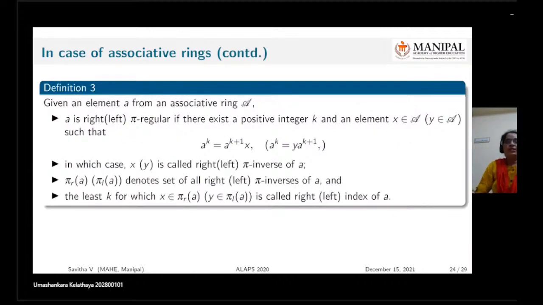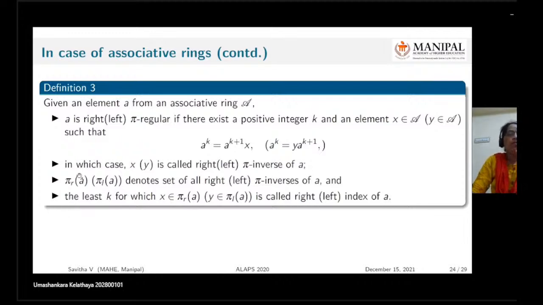So before applying this result to elements in a ring, we define a few definitions. Given an element a from an associative ring A, a is right or left biregular if there exists a positive integer k and an element x or y belonging to A such that a^k equals a^(k+1) x or a^k equals y a^(k+1), in which case x or y is called a right or left pi inverse of a.